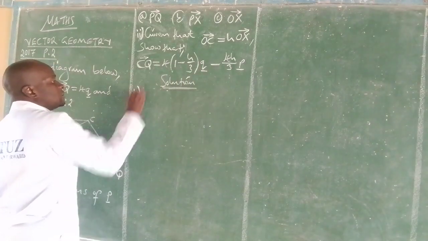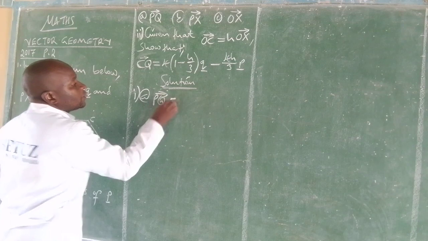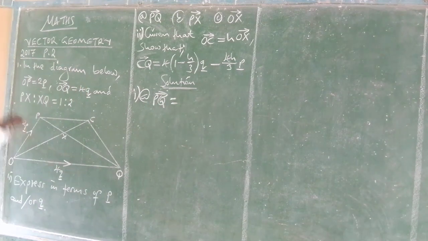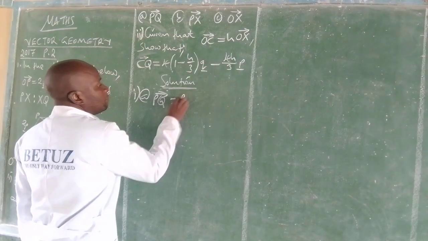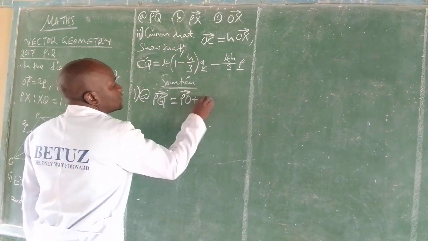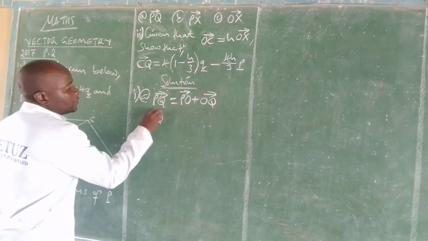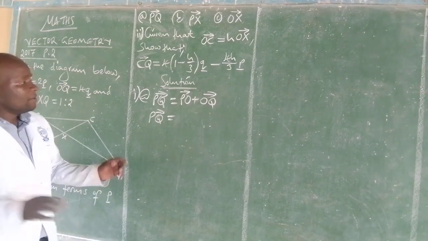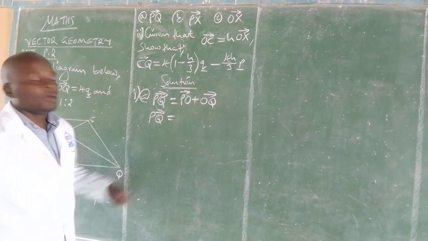Now our first question: vector PQ. From P we will go to O, then go to Q. So PQ is equal to PO plus OQ. Remember that OP is positive, meaning PO will be negative.